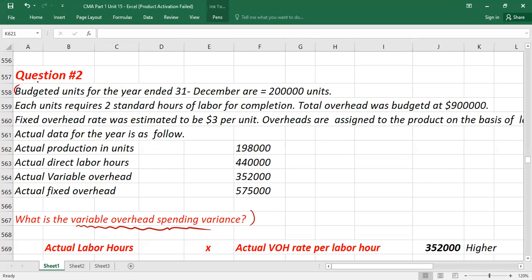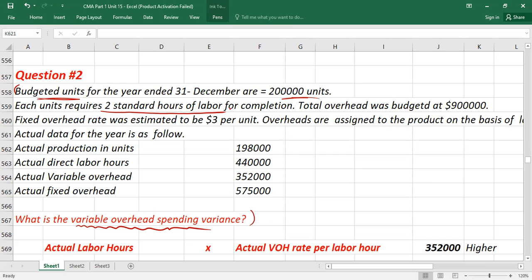We have a question here. Which units? Budgeted units for the year end 31st December, 200,000 units. Then each unit requires 2 standard hours of labor for completion.